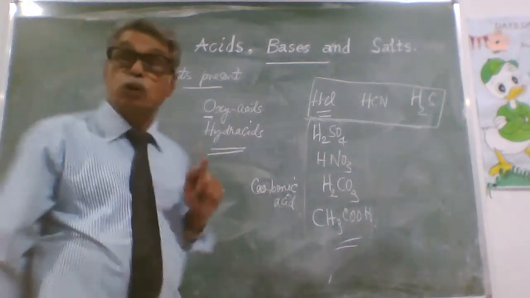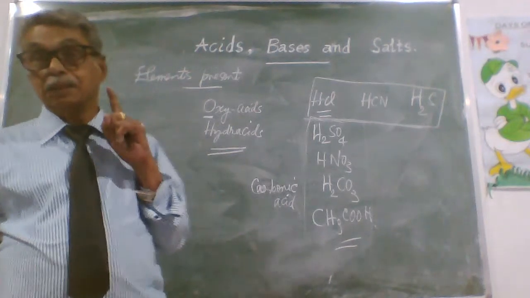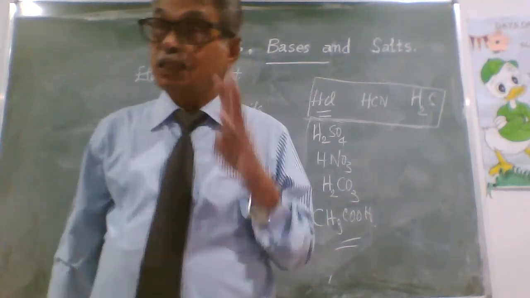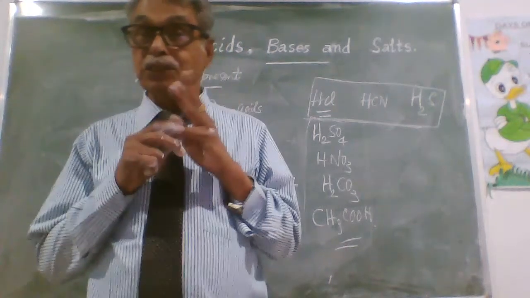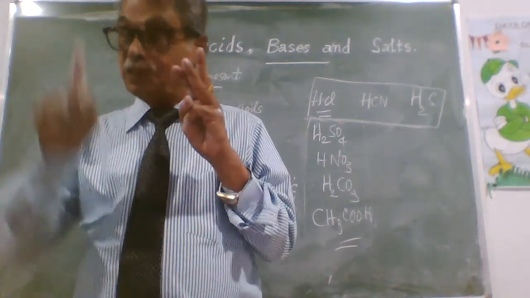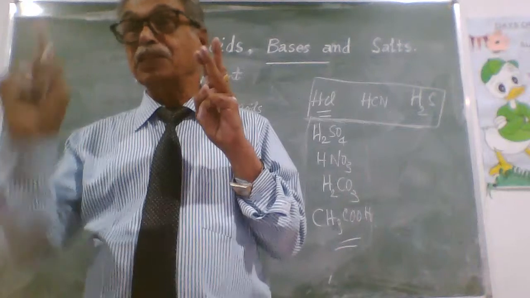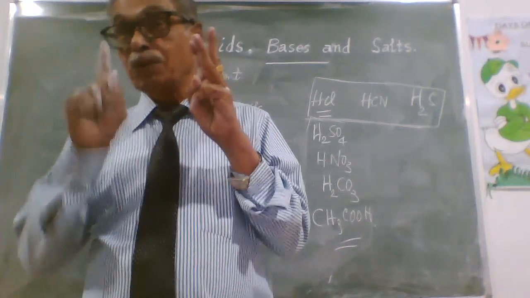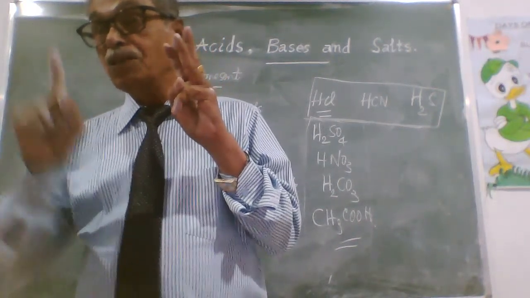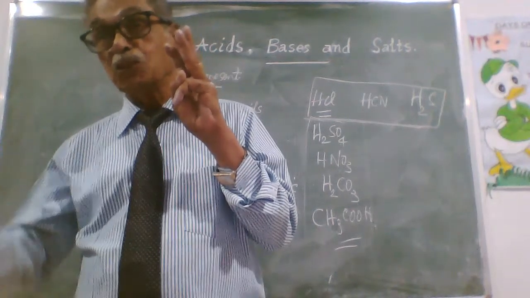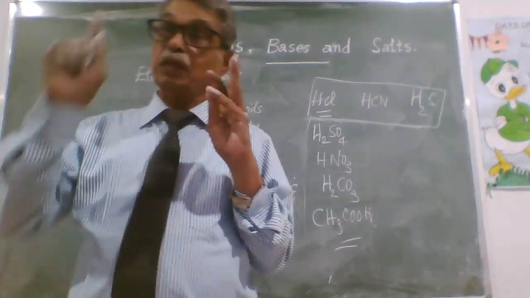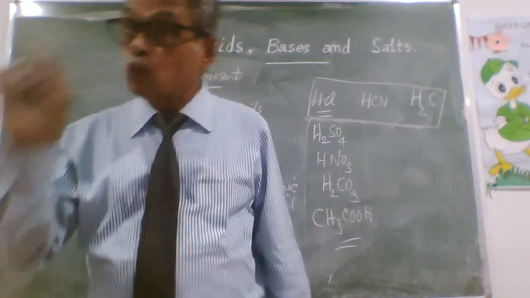One more is based on basicity. Basicity of an acid is the number of hydrogen ions available from one molecule of the acid when dissolved in water. If it's only one hydrogen ion, it is called monobasic.